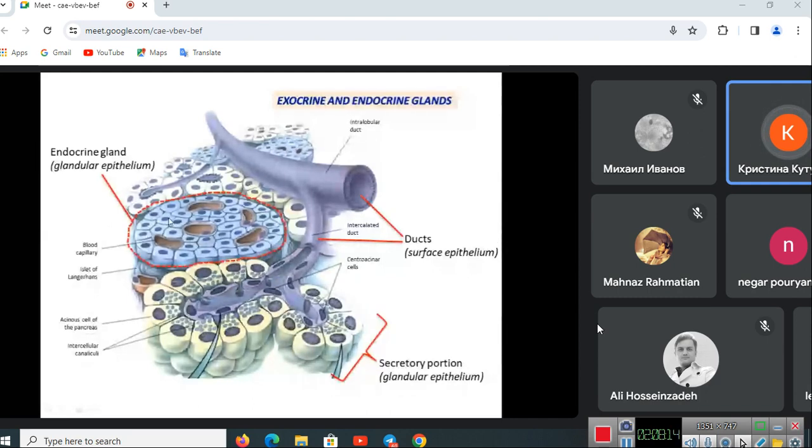These cells produce hormones such as insulin. So our pancreas is the combination of exocrine and endocrine gland, which produces enzymes for digestion in the intestines, and enzymes are produced by the exocrine portion of this gland, and also hormones such as insulin, which are produced by the endocrine portion of this gland. These hormones go directly to blood capillaries, which are seen here cross-sected.